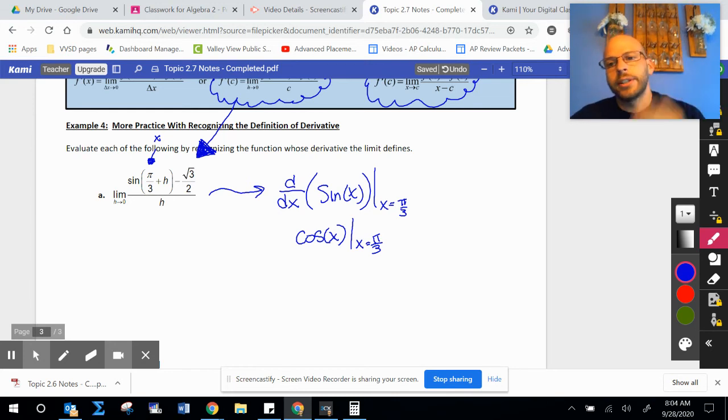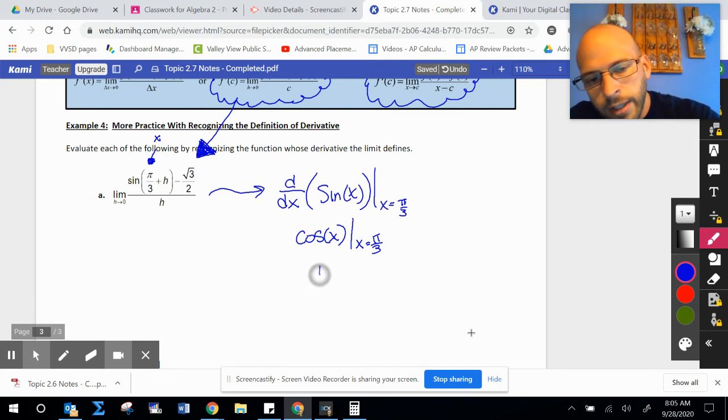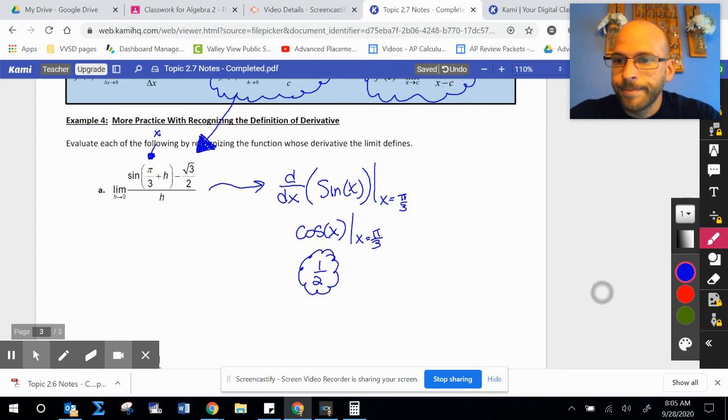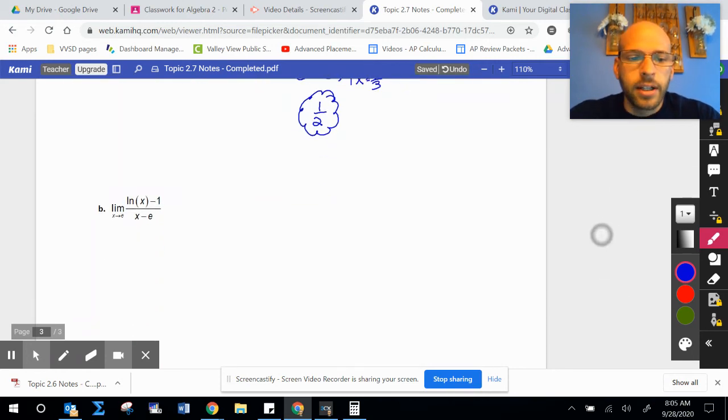Well, pi over 3 is the 60-degree angle on your unit circle. So we will get the value of 1/2. And that is my answer, okay? That is incredibly simpler than trying to expand that limit, trying to reduce it, and then substituting in a pi over 3, okay? Let's take a look at this next one.